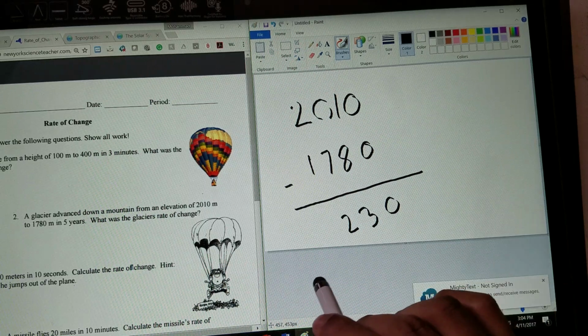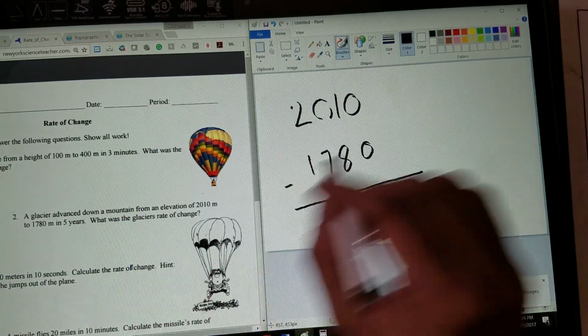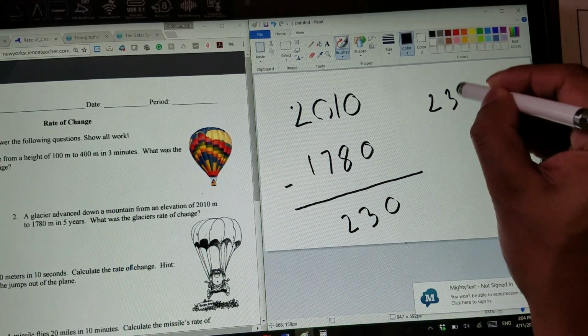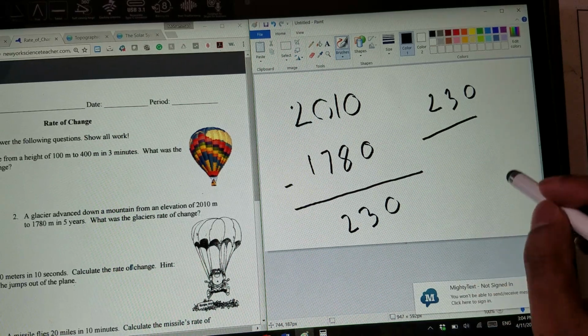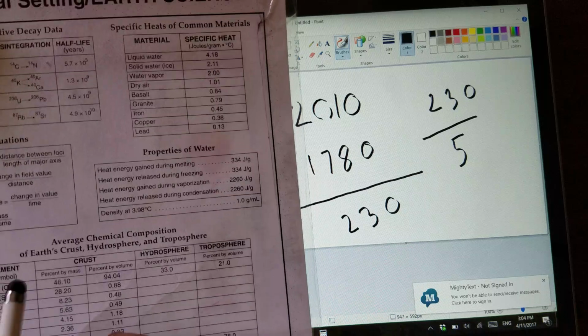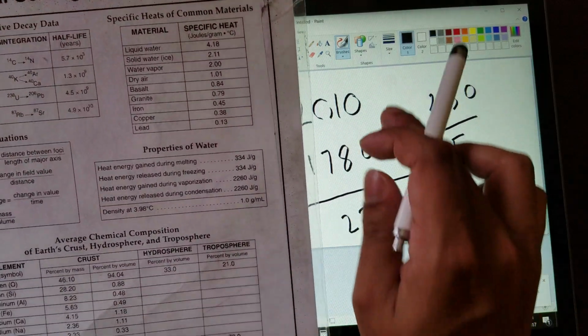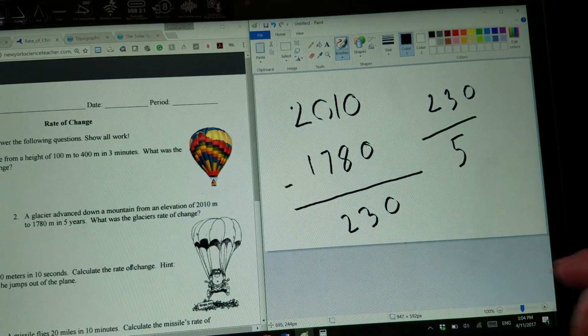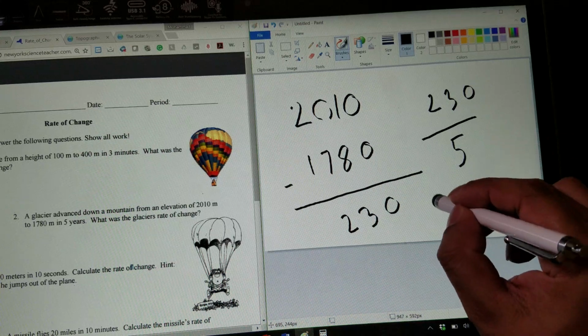So now once we know the change in value, we can use it: 230 divided by the time, which is 5. So you know the equation again: change in value divided by time. You can again use a calculator, or you can do it here.